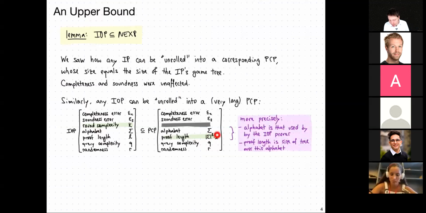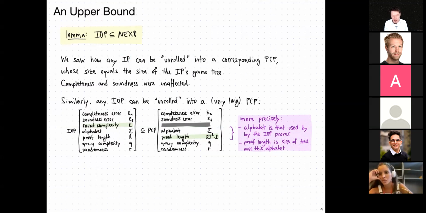More precisely, this proof length is perhaps a bit confusing; there's a more precise bound you could write. The alphabet is the alphabet used by the IOP prover, and the proof length is the size of the tree over this alphabet.